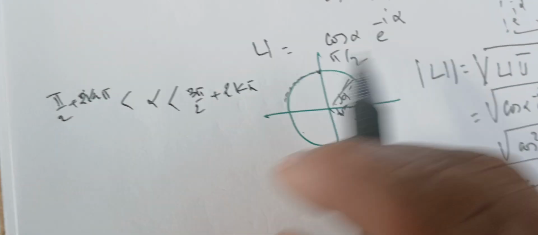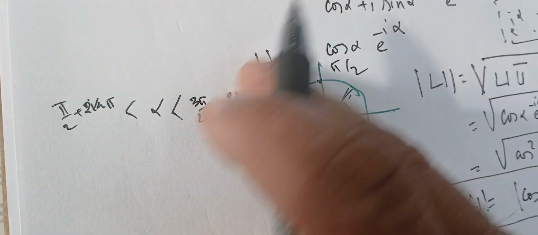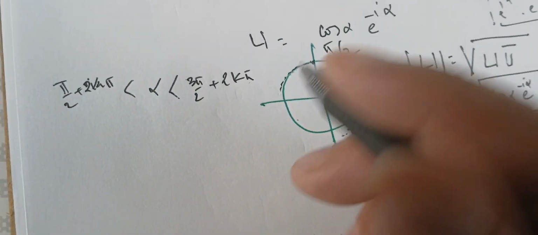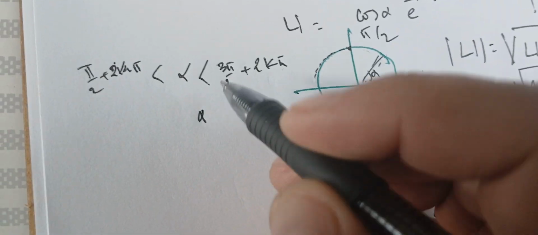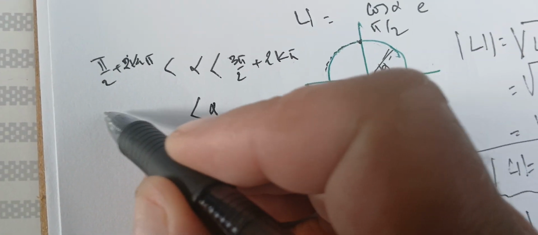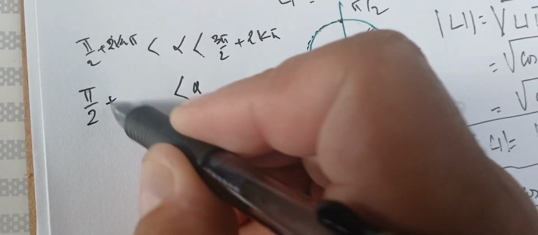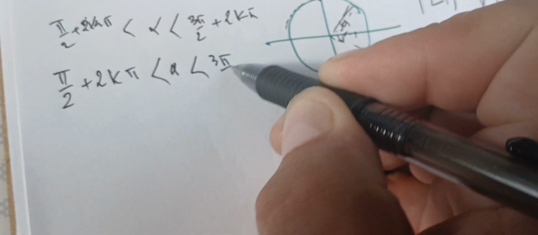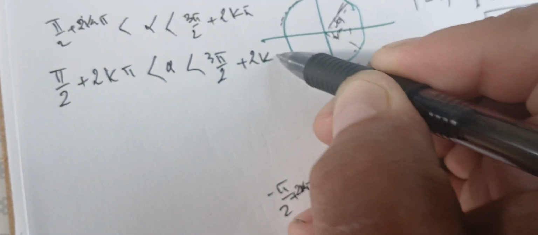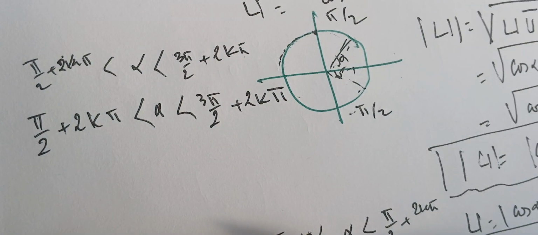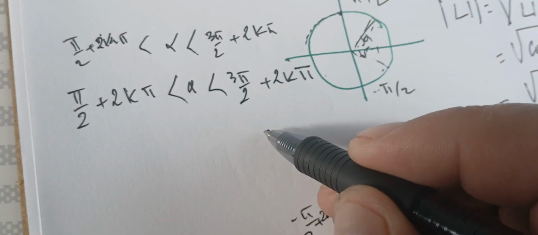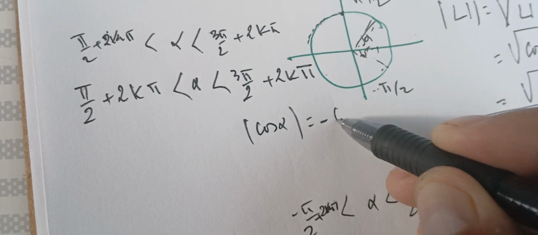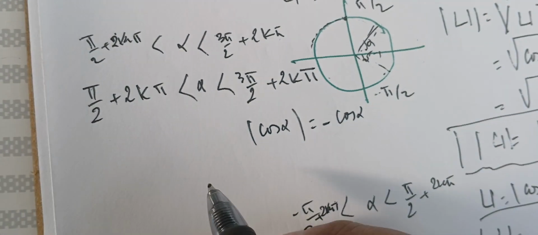Let's write it nicely: alpha is between pi over 2 plus 2k pi and 3 pi over 2 plus 2k pi. What happens to the cosine of alpha? It's negative, and therefore I have minus cosine alpha to keep the norm positive.